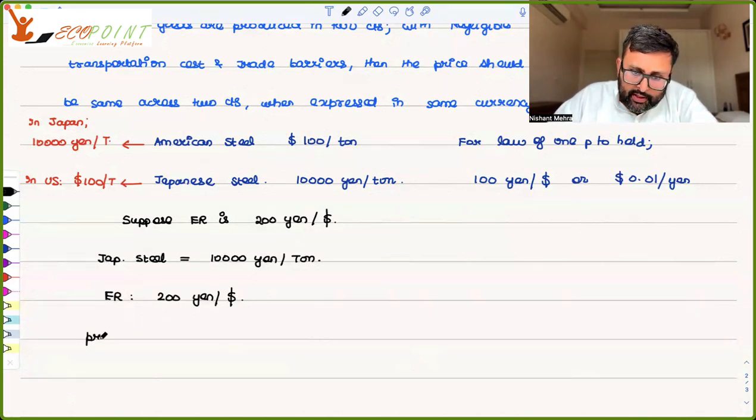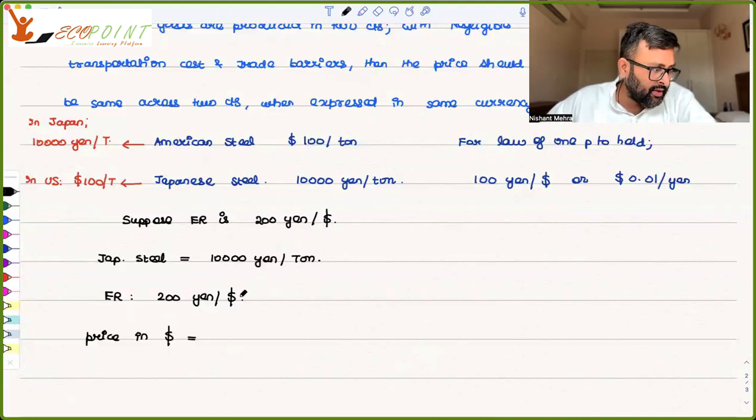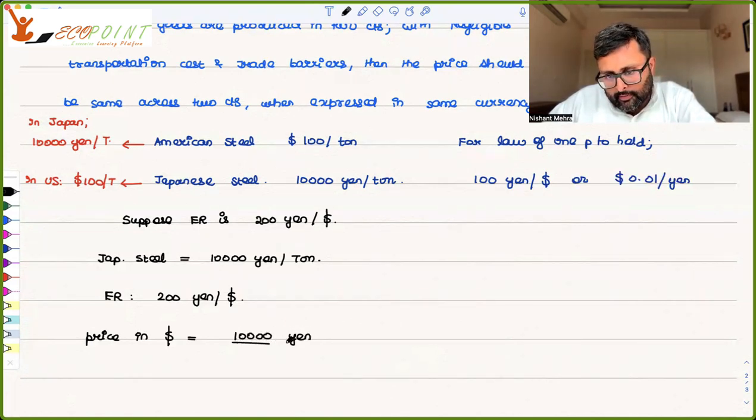So what is going to be the price in terms of dollars? 10,000 yen upon 200 yen per dollar.